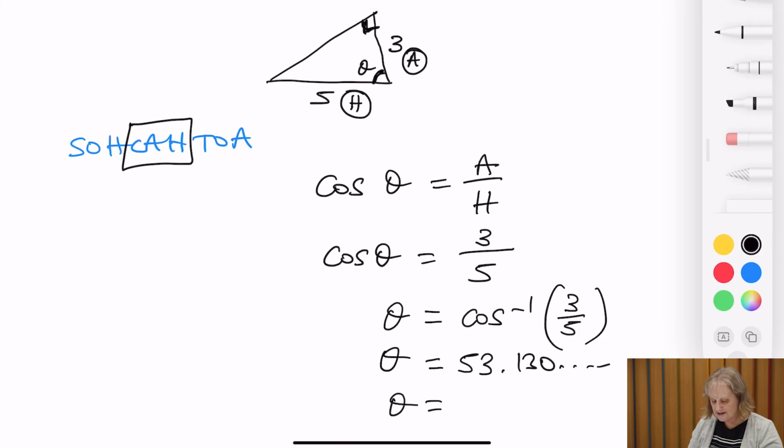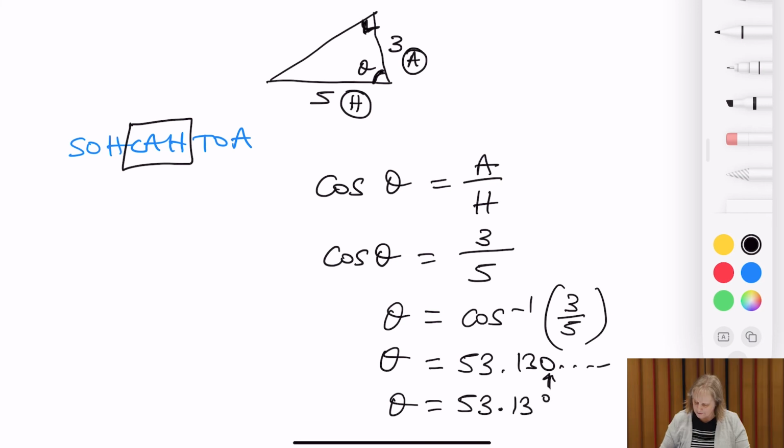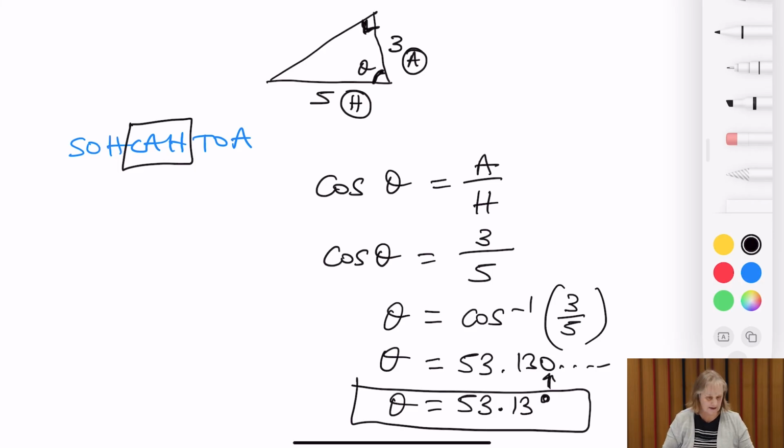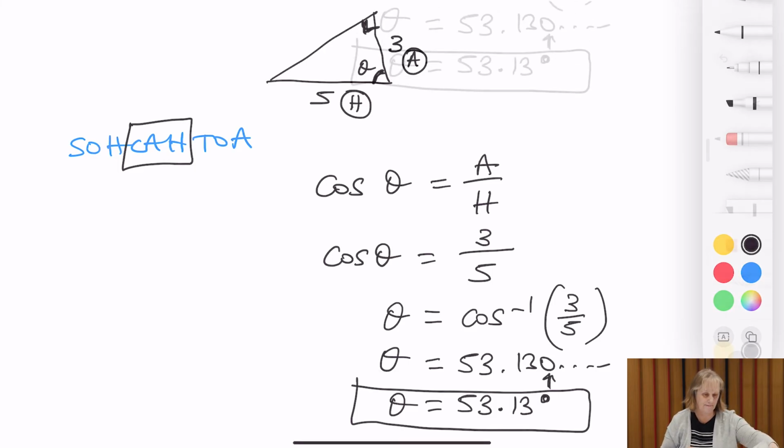And because it doesn't tell us to round this in any particular way, we're going to just choose to round it to 2 decimal places. So we normally default to that unless we were told otherwise. So our third decimal is 0, so that means that's just going to give us an angle of 53.13 degrees. And again, make sure you put in the degree sign so we write our answer in context. We've indicated that angle there.